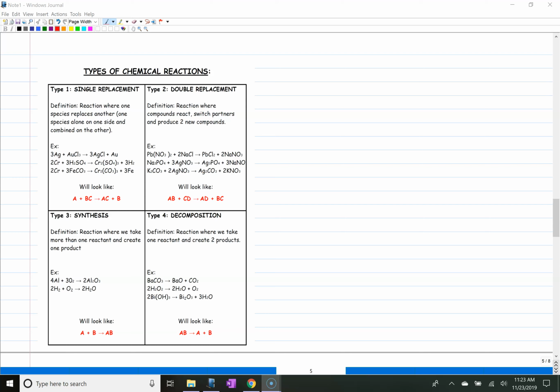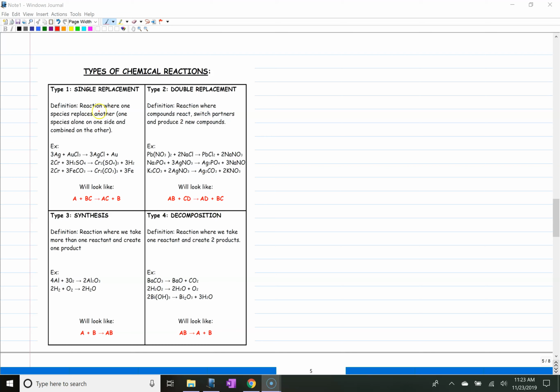So, for instance, the basic equation for a single replacement reaction is going to be A plus BC yields AC plus B. You're going to start with a single element and a compound, and you're going to end with a compound and a single element.